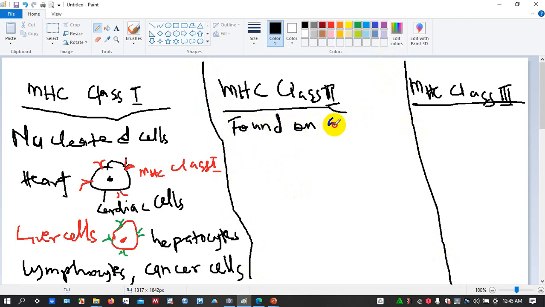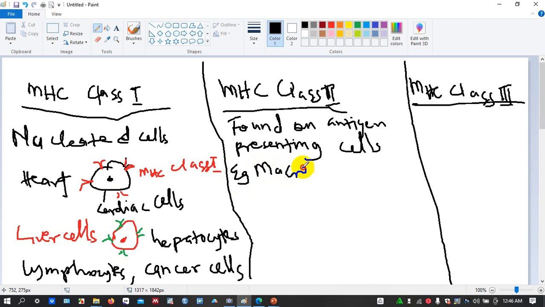Examples of antigen presenting cells are macrophage, dendritic cell located in the skin, and lastly we have the basophils.